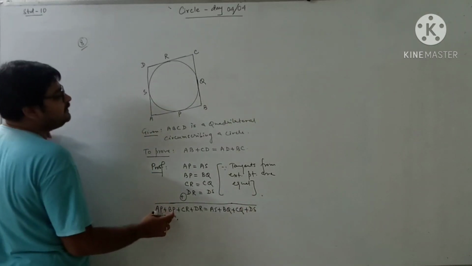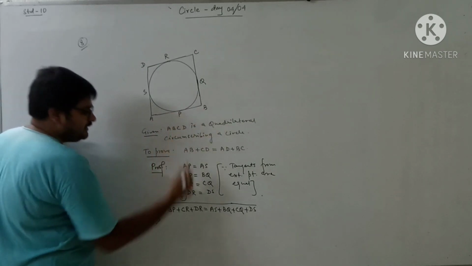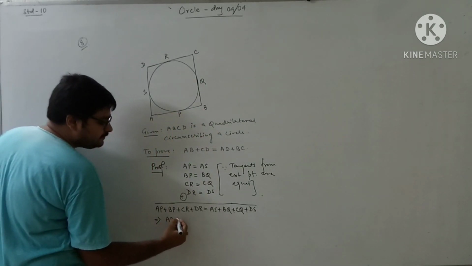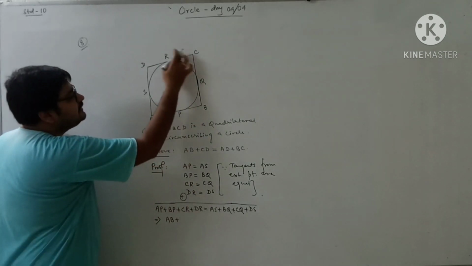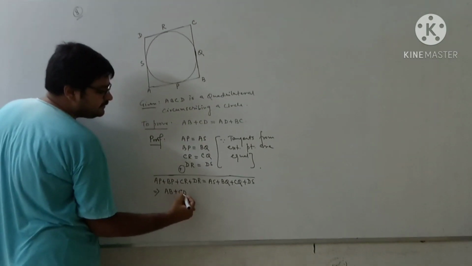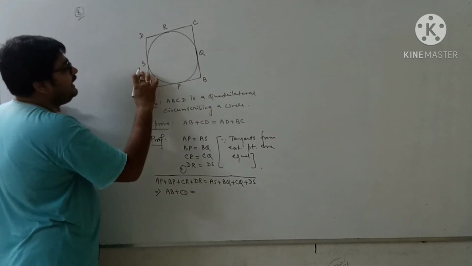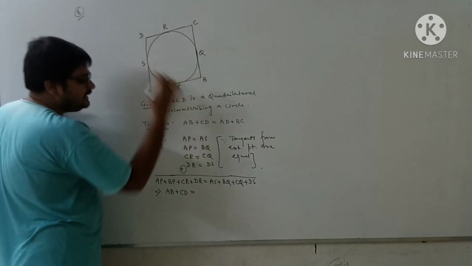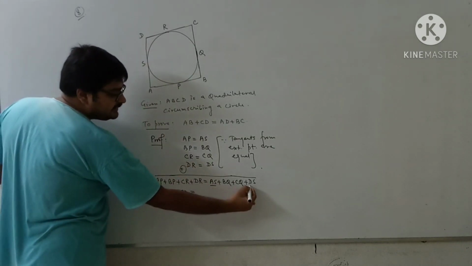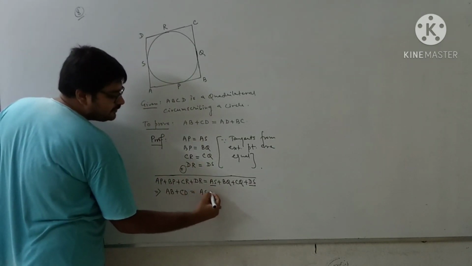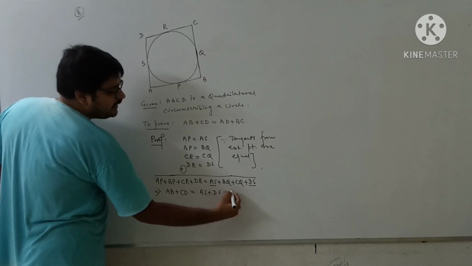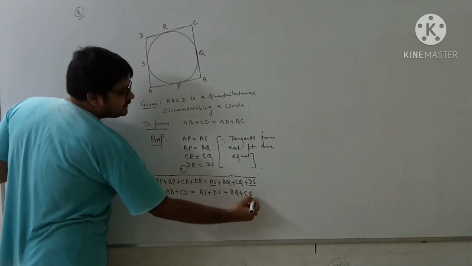Now AP plus BP means AB. CR plus DR means CD. AS plus DS I have written together, and BQ and CQ I have kept together.